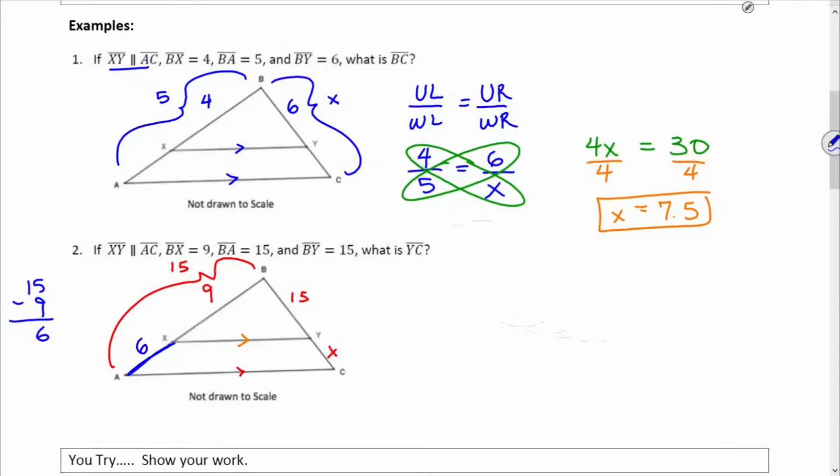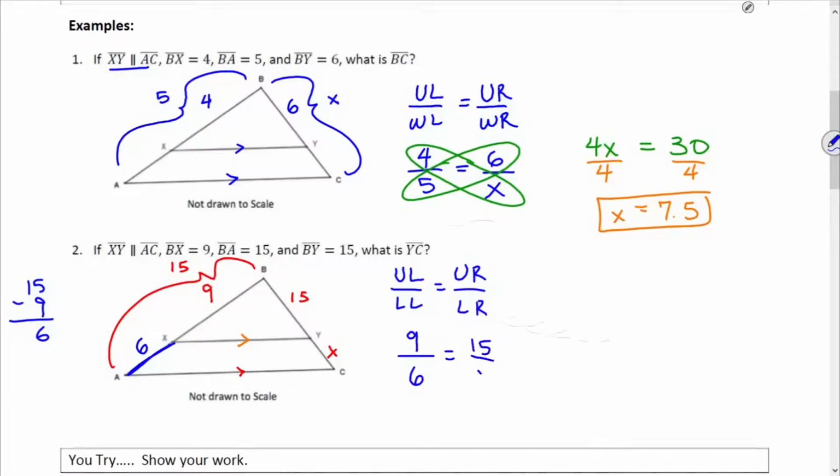I can use the side splitter theorem that if the lines are parallel, then the sides are divided proportionally, and look at upper left over lower left is equal to upper right over lower right. So 9 over 6 is equal to 15 over x.